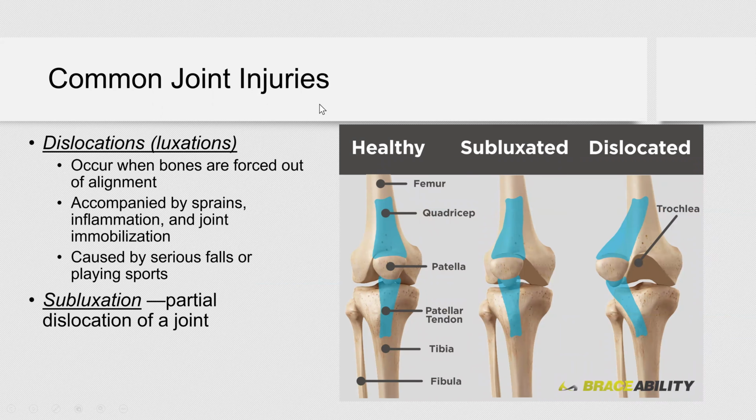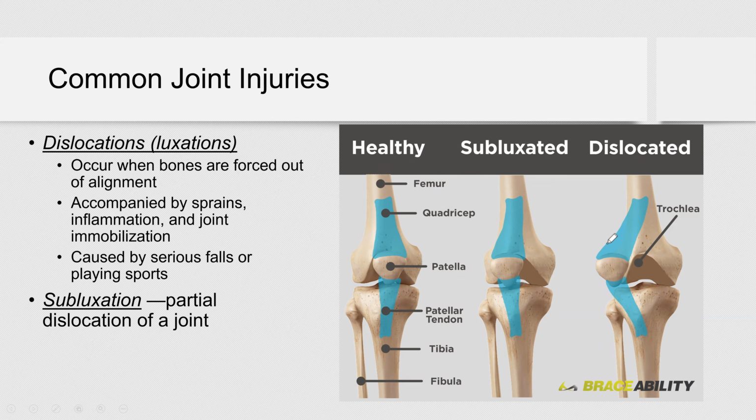Dislocation, or luxation, and subluxation is when the joint is forced out of its alignment. So we have either complete dislocation or partial dislocation of a joint. Shown here, that's a healthy joint.